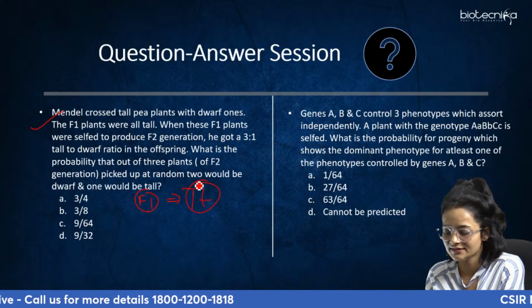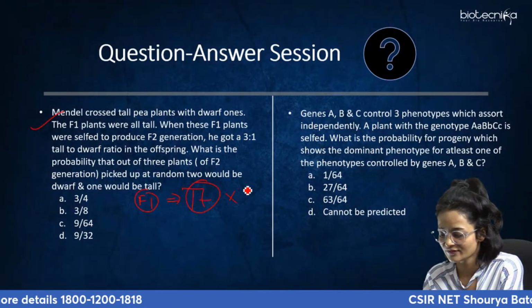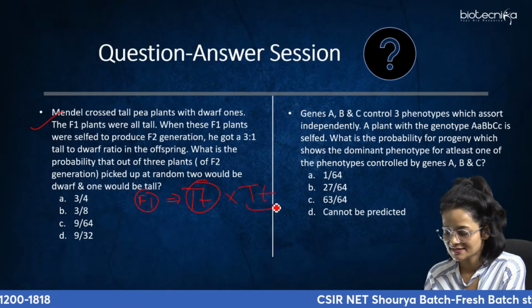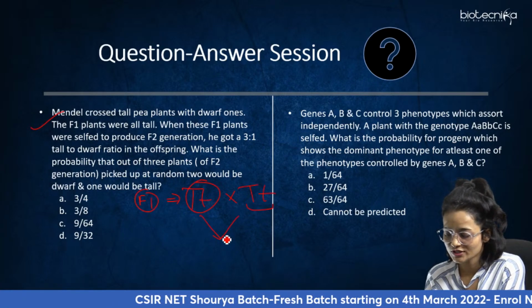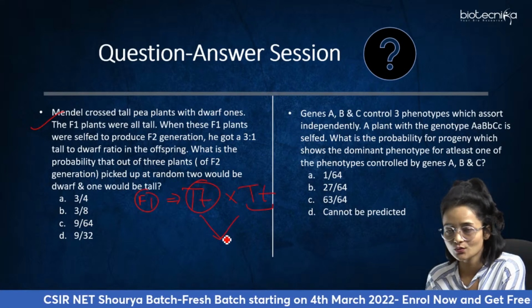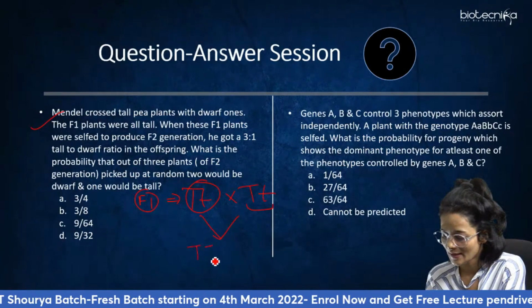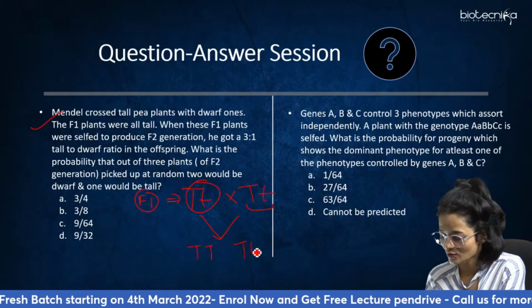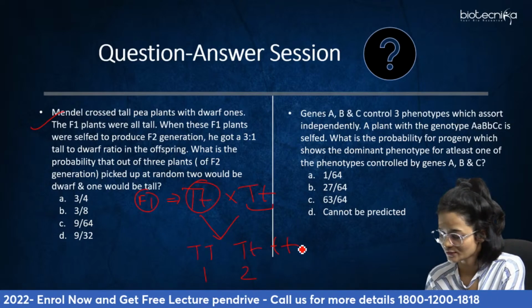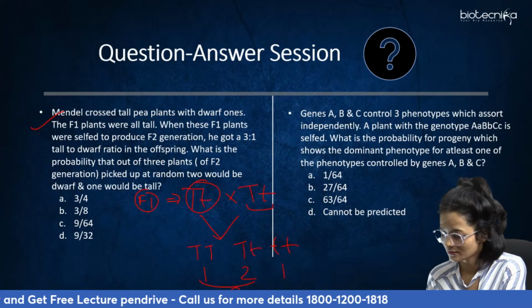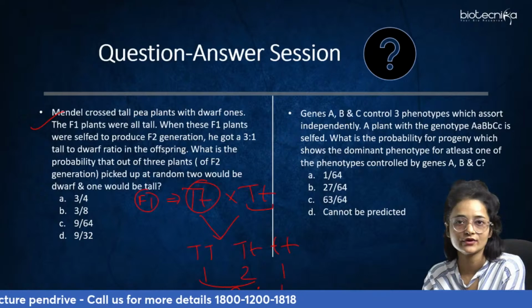Now, when these F1 plants were selfed, it produces the F2 progeny. In the F2 progeny, a 3:1 ratio was found. Capital T, small t, these were 2 which were produced, this was 1, and small t was 1. So 3 were all tall and 1 was the recessive one.